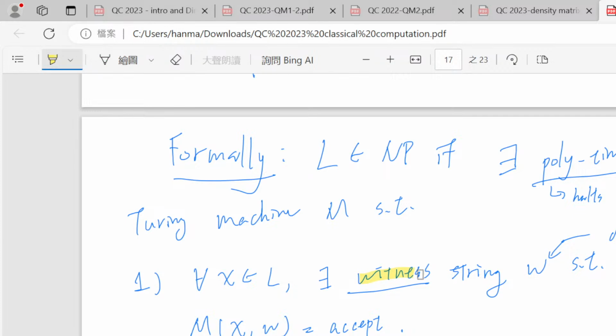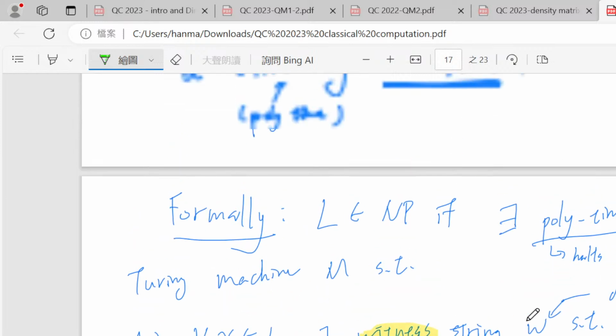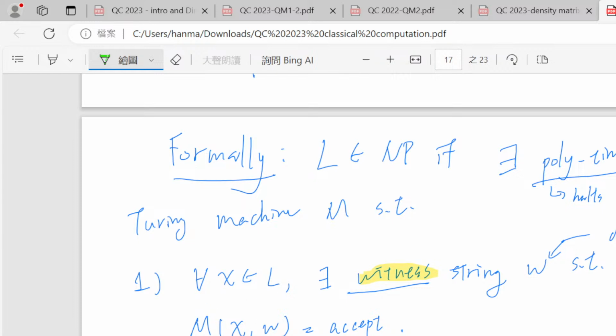There is a witness that can verify that x is inside L. So if x is in L, you can put this w together with your input x into the verifying machine, and the verifying machine will say, okay, yes, this x is something you should accept.